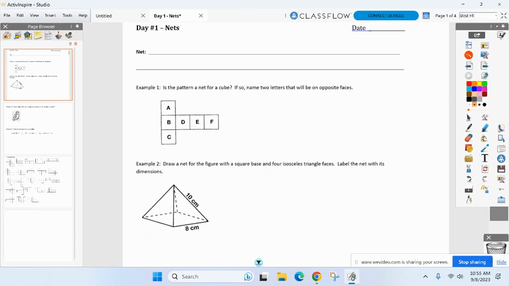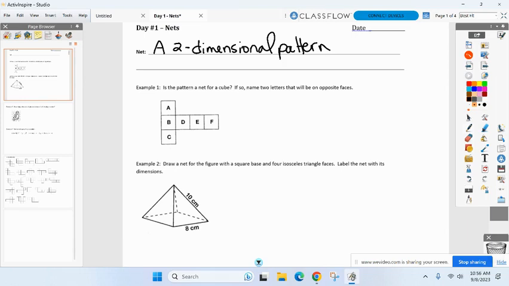So the first one I'm going to introduce, and the only one I'm going to introduce today, is what's called a geometric net. So let's get a definition down on what a net is, because I'm sure some of you have never heard of this before, which is great. Here's a geometric net. It's a two-dimensional pattern, and I've got more to this.